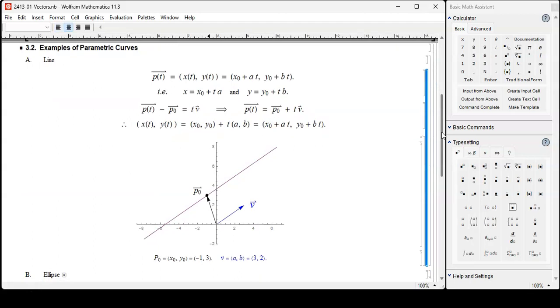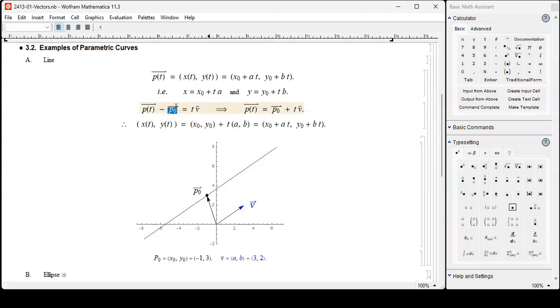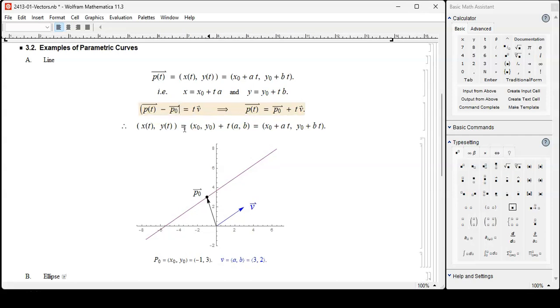Let's see. P of t minus p0, both are position vectors, equal to tv, scalar multiplication. So that means the left-hand side here, which I'm highlighting in purple, is parallel to this v, which I'm highlighting in blue.